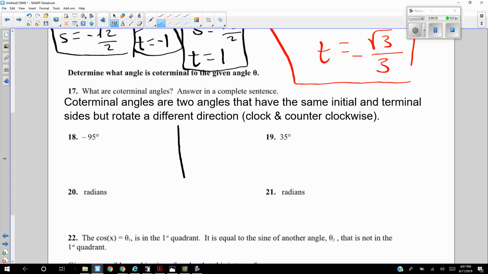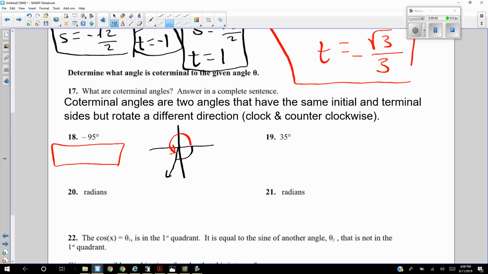So number 18, if we sketch negative 95 degrees, that's going to end up right here. So that's the original angle, negative 95.